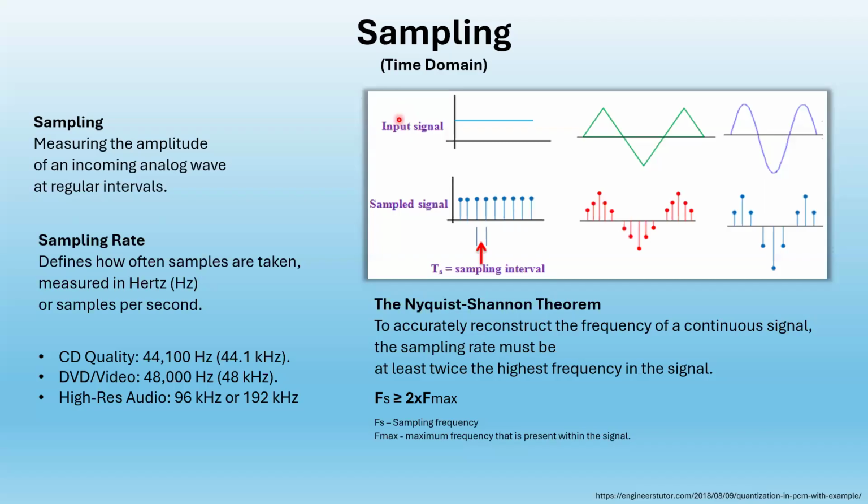Here's the input signal. Three types of input signal: a straight line, a triangle wave, and a sine wave. And that here is the sampling time. There will be a sampling interval, and this will be the sampling frequency.